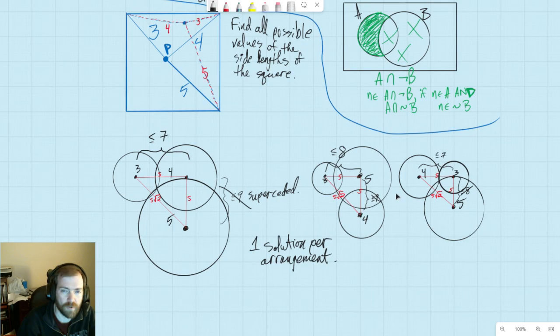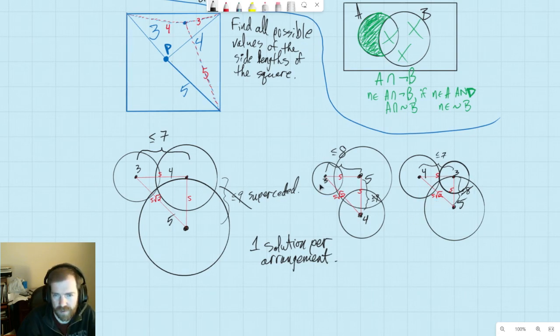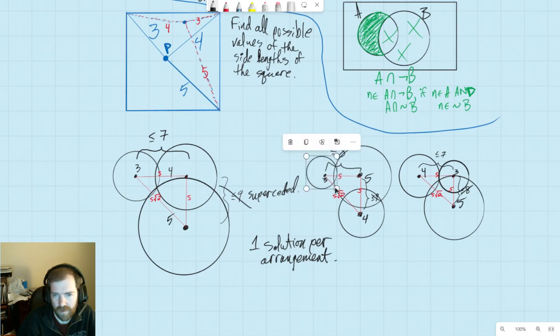So for each of the arrangements then, what kinds of behaviors exist? Because that's also going to be a good question.